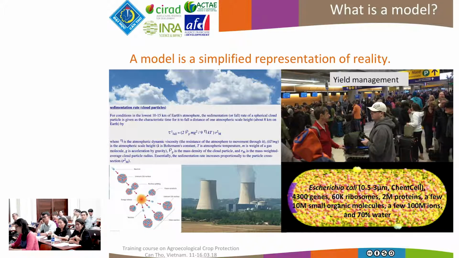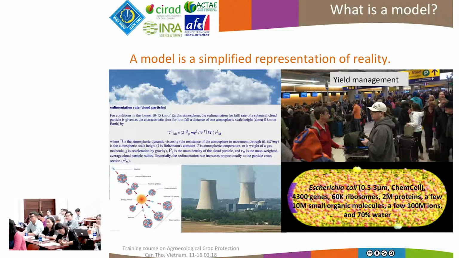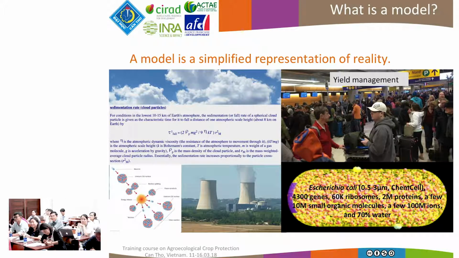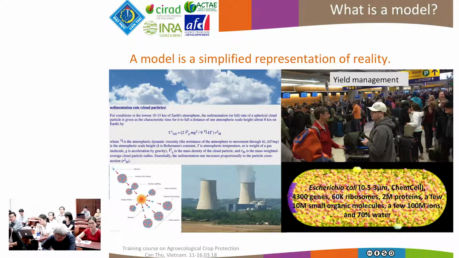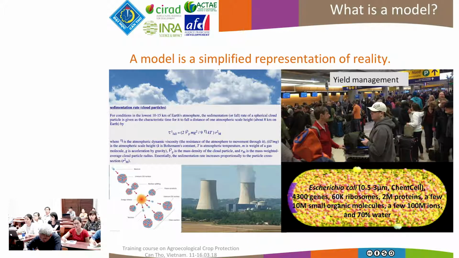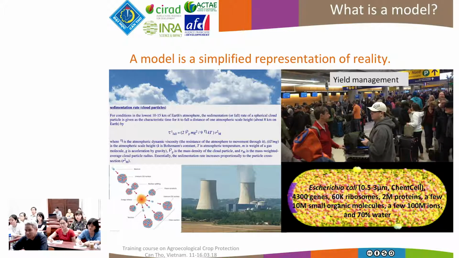So modeling is the activity of designing a representation of a real system. Of course, you cannot encompass the entire universe, so you will have to decide, okay, I will study a given system: this classroom, the camera, the computer, all this can be considered as a system that can be modeled.